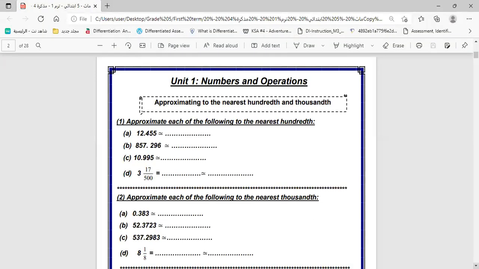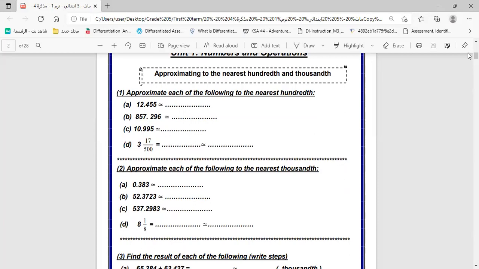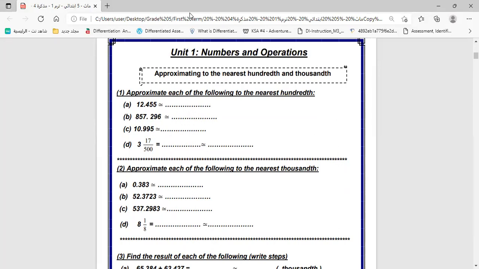Let's start solving together. Number 1: 12.455 to the nearest hundredth.